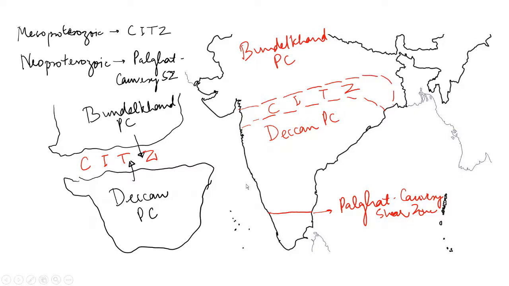The Central Indian Tectonic Zone has deposits ranging from Paleozoic to Cenozoic, but of course, it is not a continuous deposit. It has the Paleozoic deposits represented by the Permian rocks. Mesozoic deposits are represented by the Cretaceous formations, and Cenozoic is represented by Paleocene and Eocene.